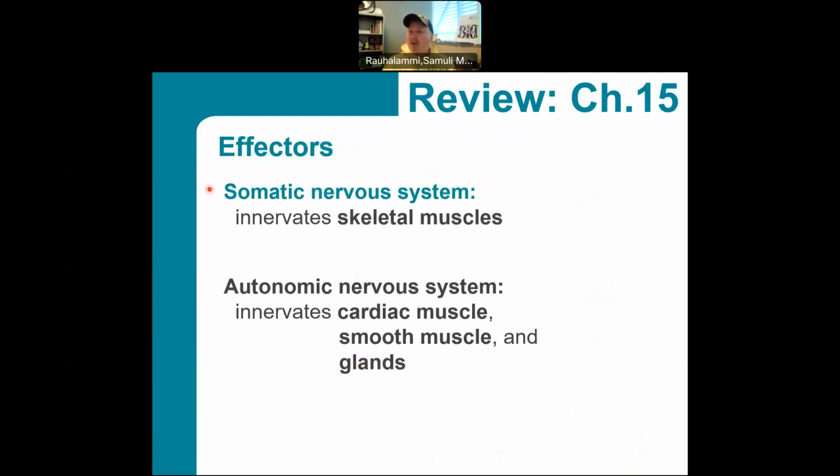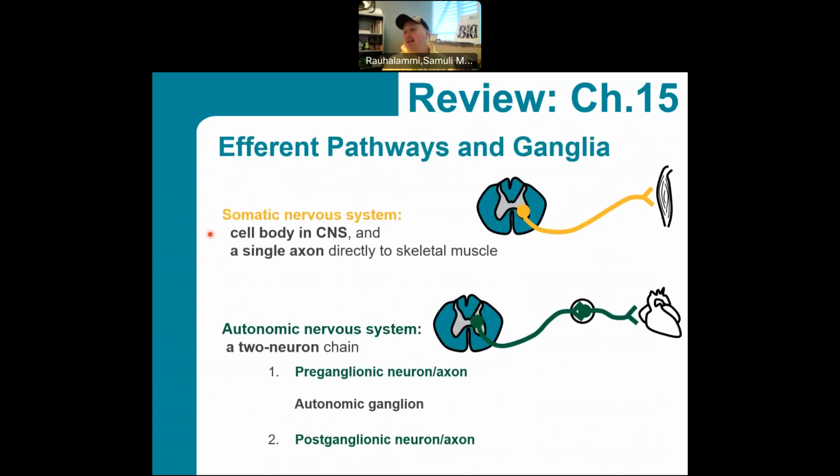The somatic nervous system focuses especially on the innervation of the skeletal muscles. When we compare it to the autonomic nervous system, there are distinct differences, even at the level of the anatomy of the structures involved. In the somatic nervous system, the cell body of the nerve cells that pass messages, in this case to the skeletal muscles, is located within the central nervous system.